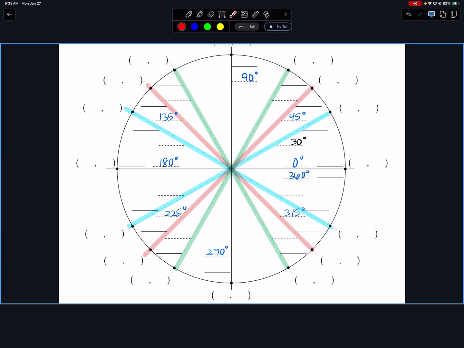This angle is 30 degrees backwards of 180. 150. This is 30 degrees past 180. 210. This angle is 30 degrees less than 360.